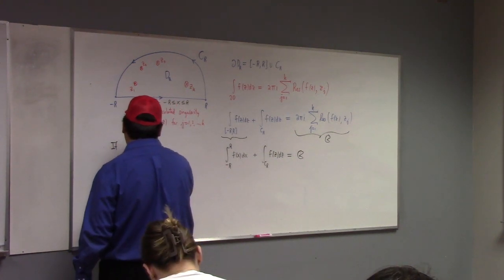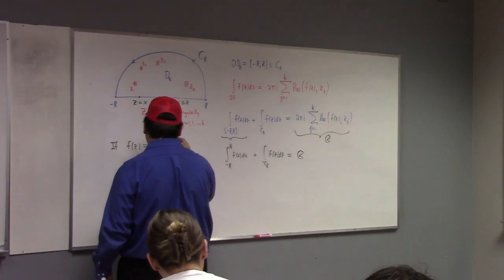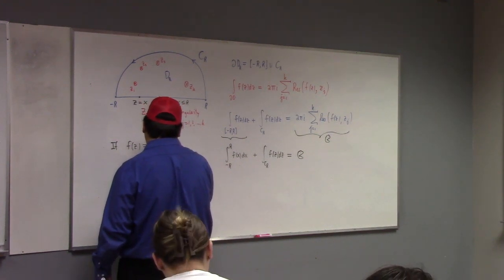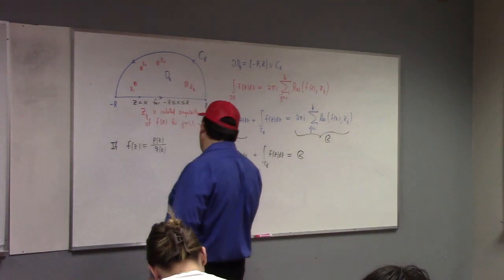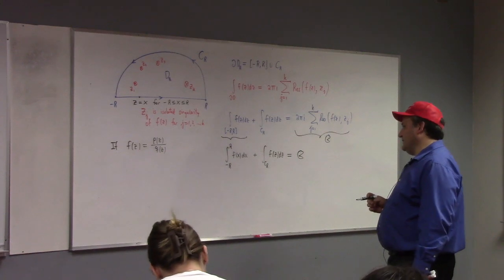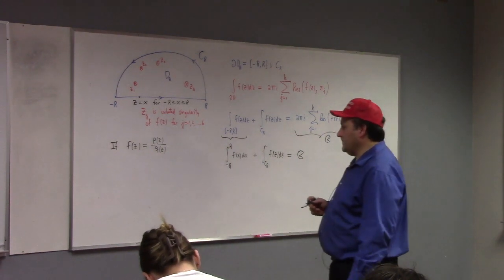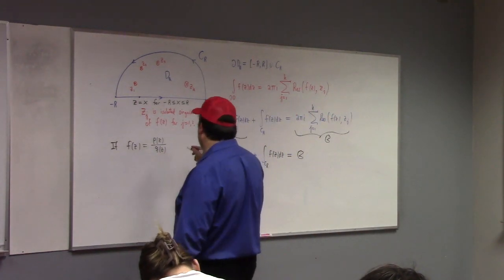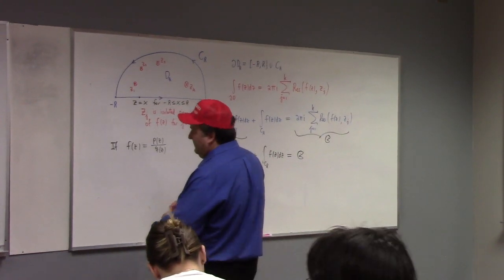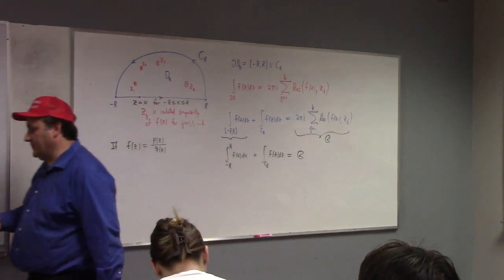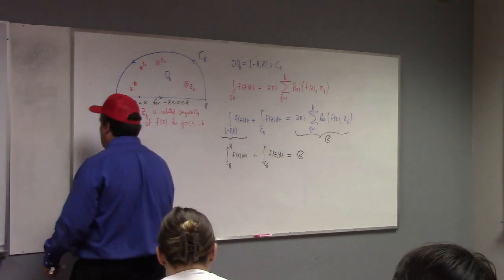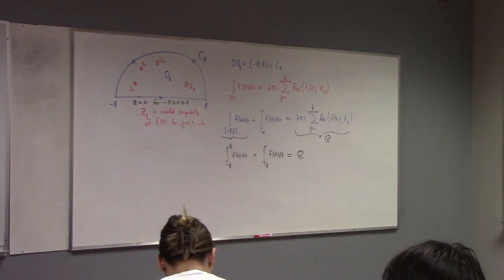If f of z is equal to something like p of z over q of z, that's still not what I want. Let me stop doing it in general. Let's look at an example at this point. That's pretty much the setup.